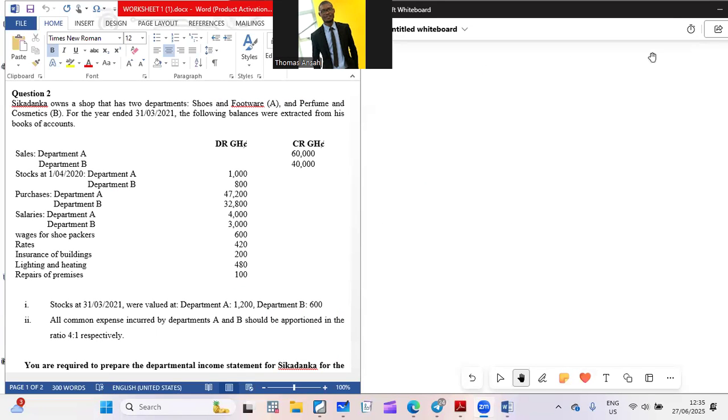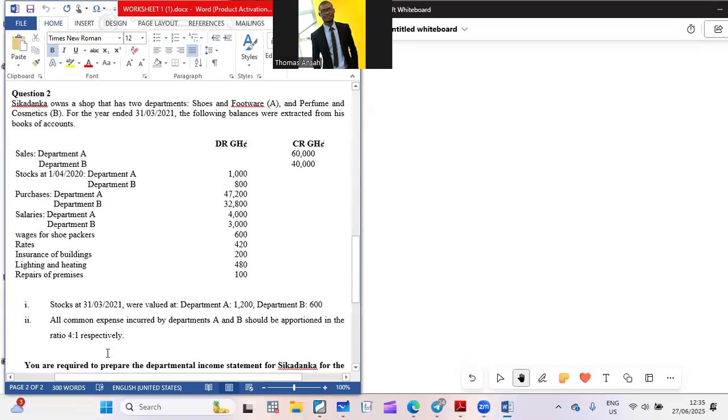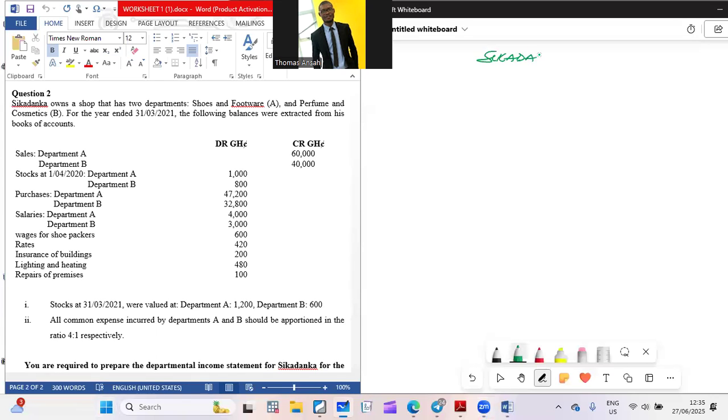So we have a question in front of us for us to prepare the departmental income statement for Sikadanka for the year ended 31st March 2021. So you prepare the income statement. The name of the company is Sikadanka.